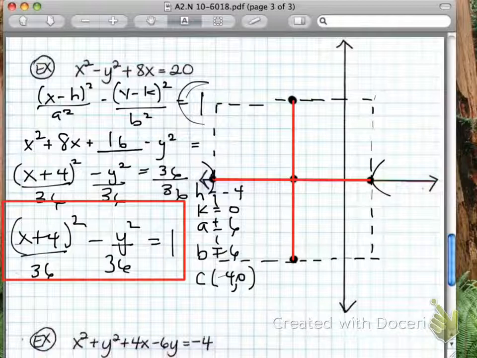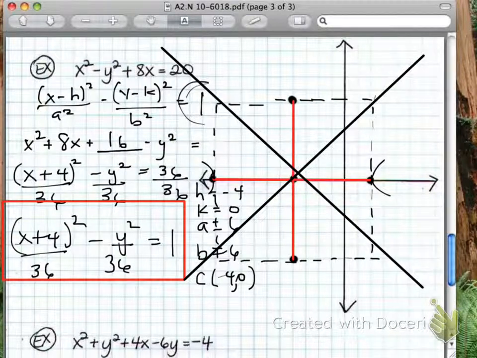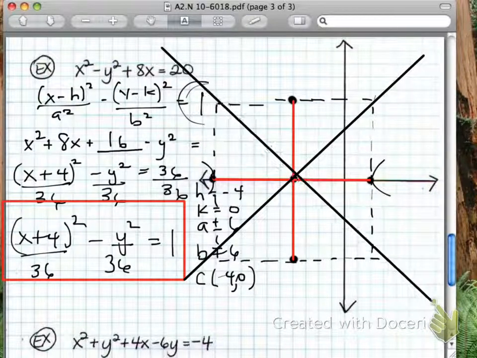Does everybody see that? So I just completed that box, and my asymptotes are going to go basically from corner to corner. Not great, but something like that, and something like that. So those are my asymptotes.